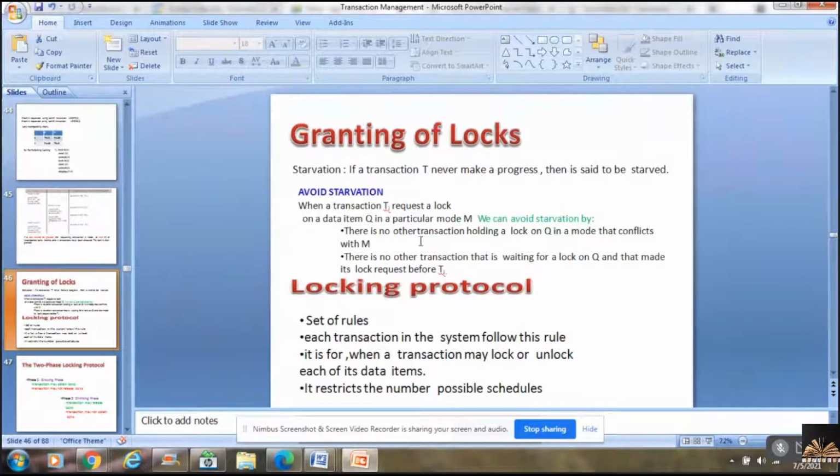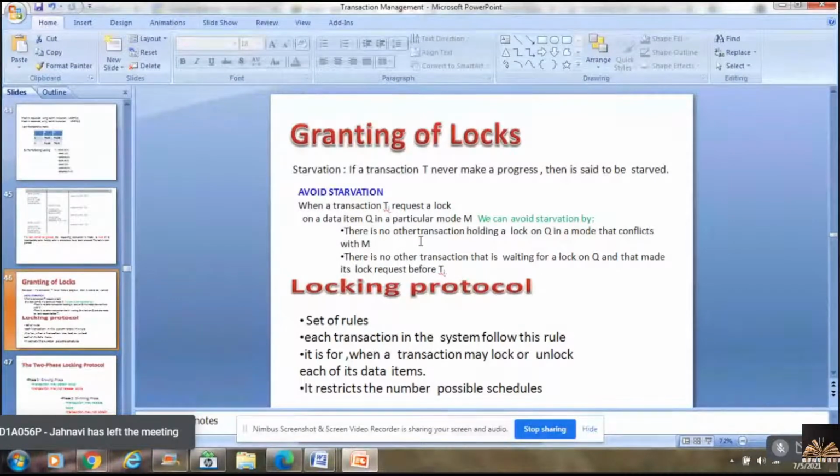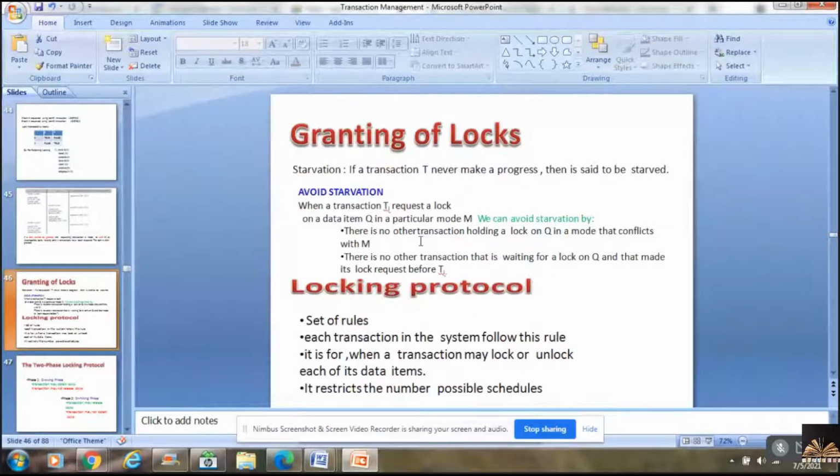So there should be no other transaction waiting in a conflicting mode, and no other transaction which made a request before that particular transaction. Because if there is a transaction waiting, that transaction would be given the lock on the database item that has been asked. So this is the concept of starvation.